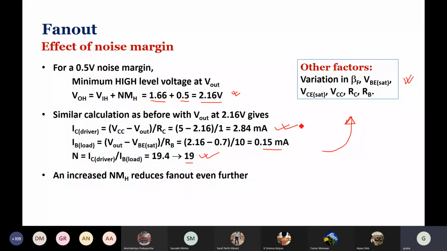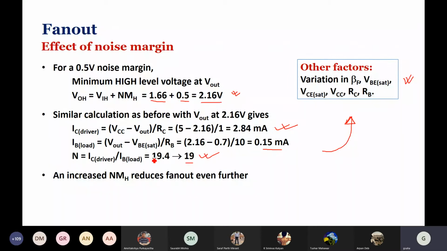Okay. VBE sat, we said 0.7 volt, but it can be 0.75, maximum 0.75 volt. Again, in the calculation, wherever VBE sat comes, if you write the final expression in terms of all these parameters, the value which gives you a lower number is the one you have to pick.